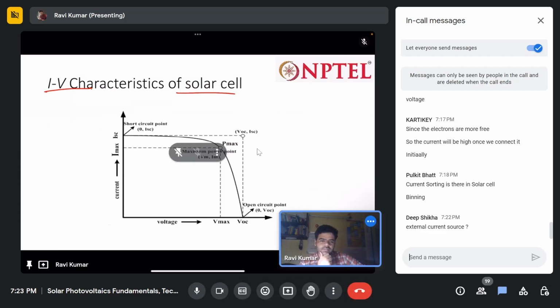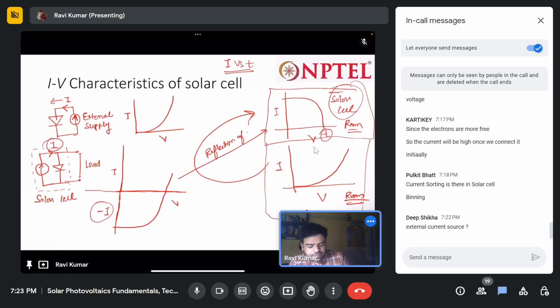Yes, Pulkit? Deepsika, can you explain it again? Yes. Just see the direction of current. We are giving it to the solar cell here, and here we are getting it from the solar cell. If there is already a current that we are receiving, we say it is negative.